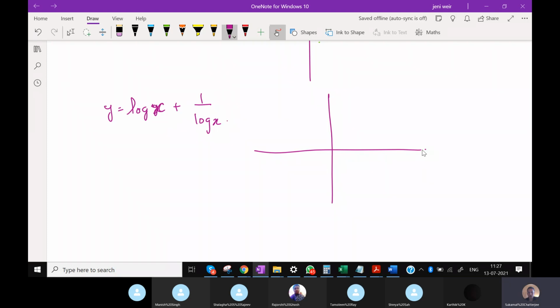Now, obviously, the graph of log x is this. And what is the graph of 1 by log x? It will be just the reciprocal of that.